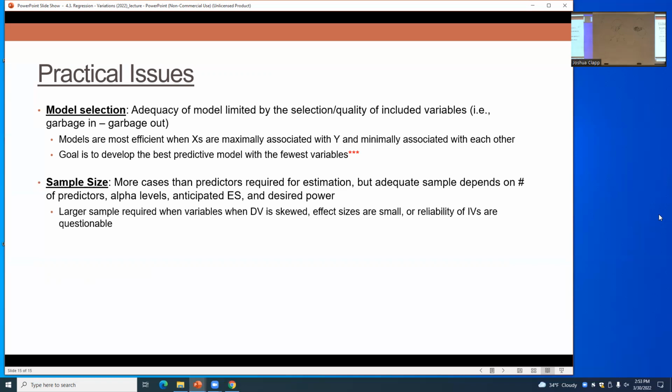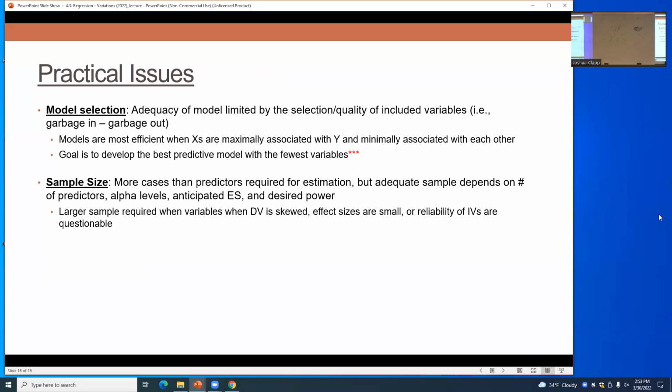That's our most efficient and least redundant model. In terms of parsimony, we want to account for what we're looking to account for with the fewest number of variables, which is the opposite of what we're doing with statistical regression.